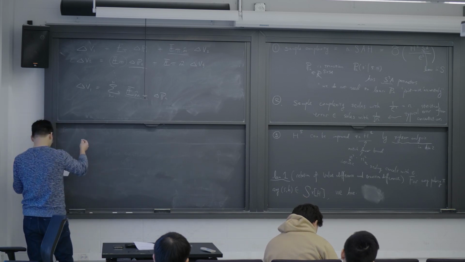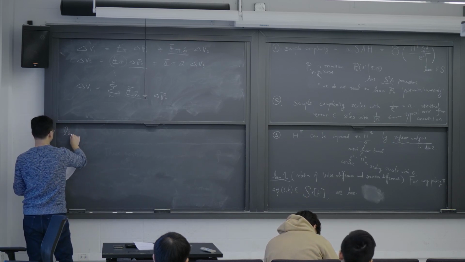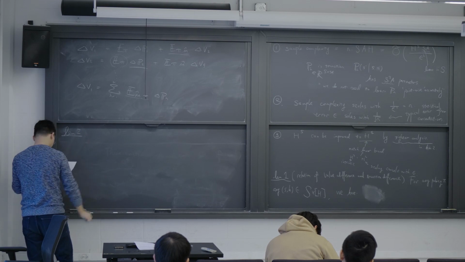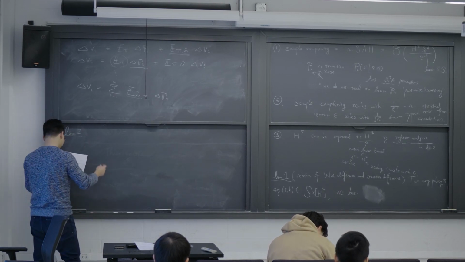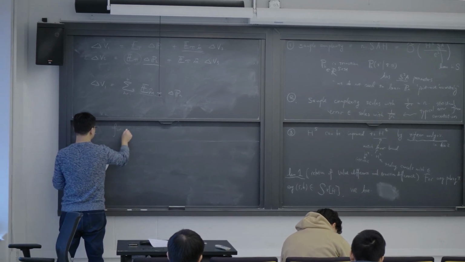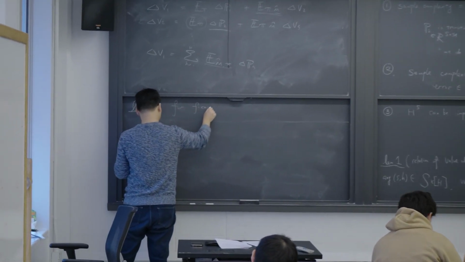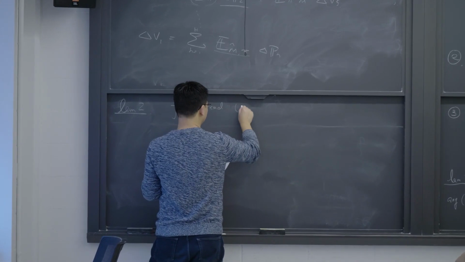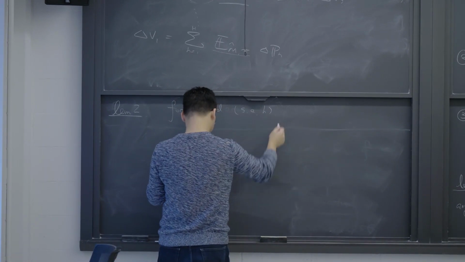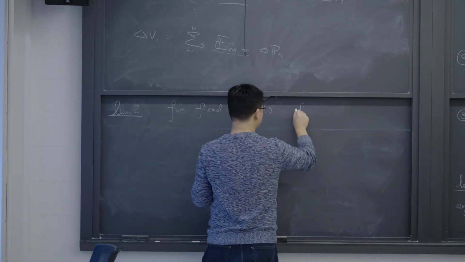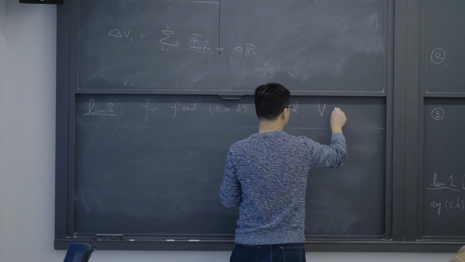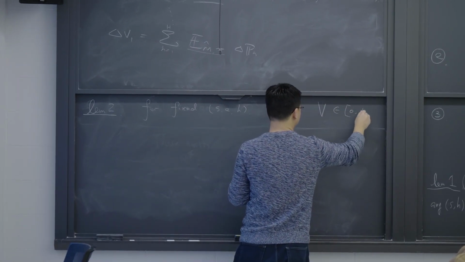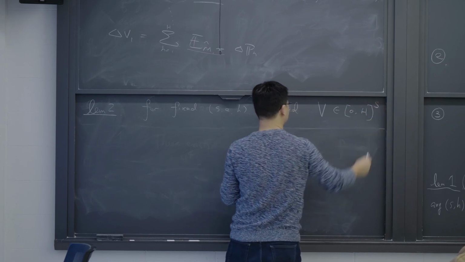Okay. So we'll do lemma 2. Lemma 2 is essentially what we have already proved in homework 1. So for fixed s, a, h and a fixed value function V, let's suppose V is in [0, H]^S.